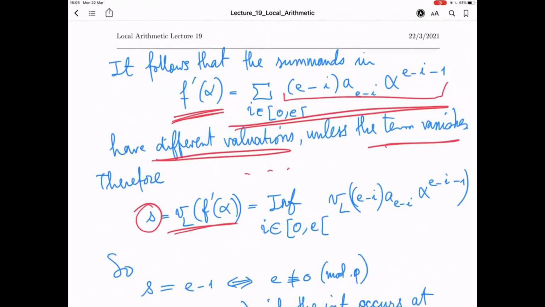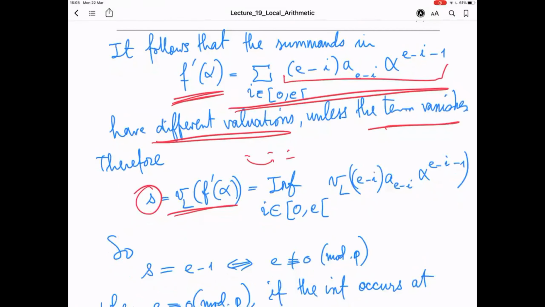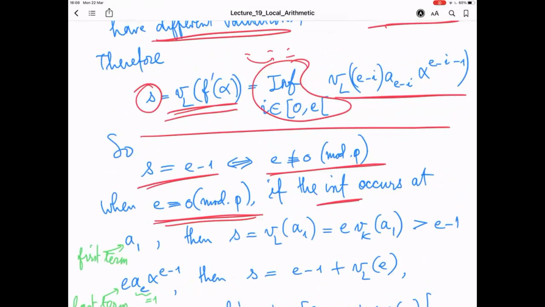So this is equal to e minus 1 if and only if this e is prime to p. I mean, it just comes by looking at this. And when e is divisible by p, the infimum can occur either at the first term a1 or any of these terms, right?